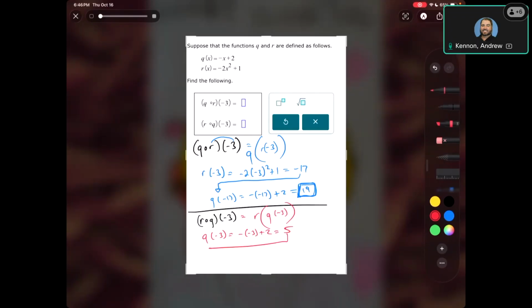So now I plug that 5 into R. -25, -50, -49 would be my answer. 5 squared is 25. 25 times -2 is -50. -50 plus 1 is -49. So you only get one answer. But again, I take the work backwards. -3 into Q. Whatever I get out, I plug into R.